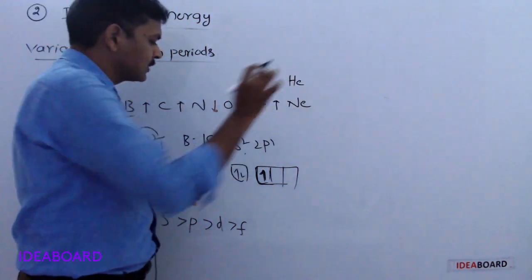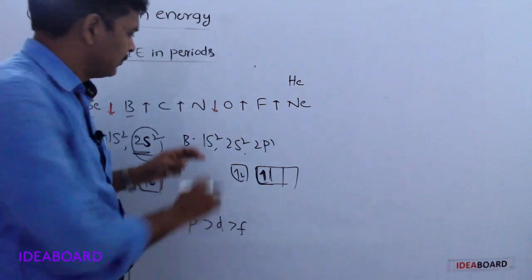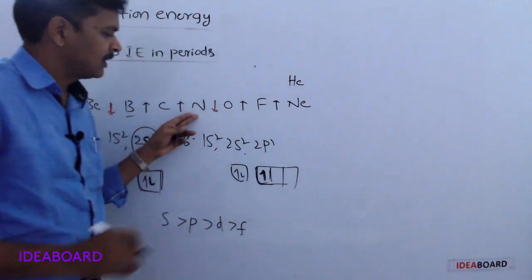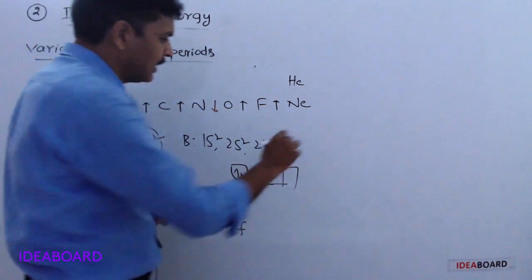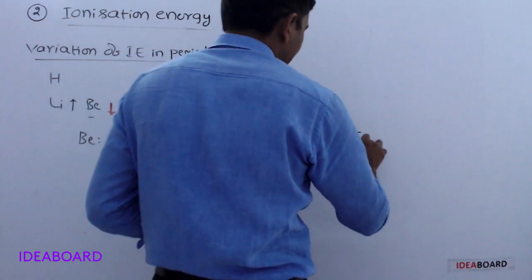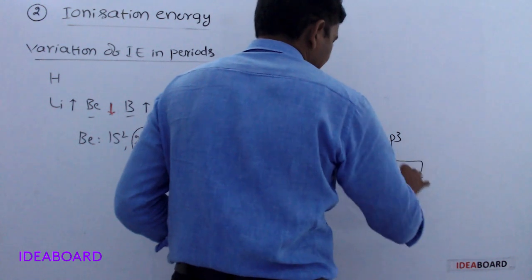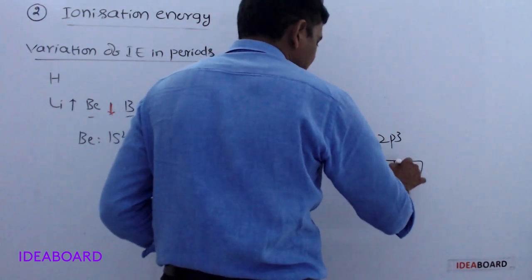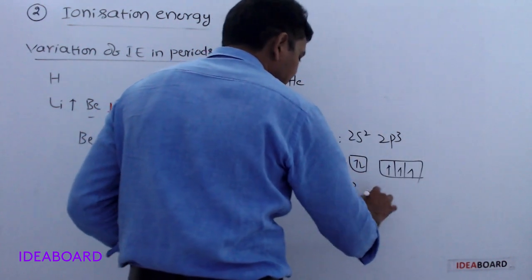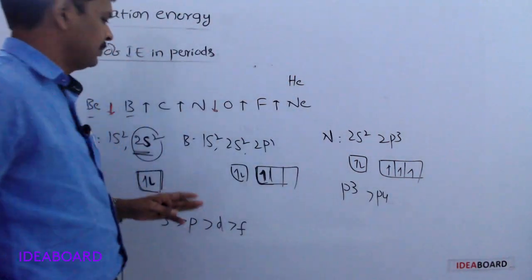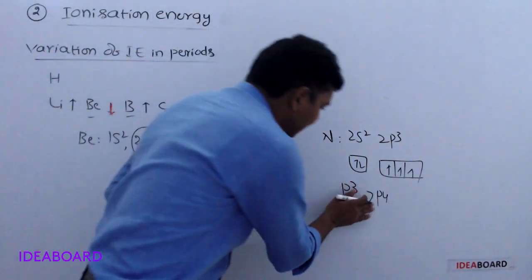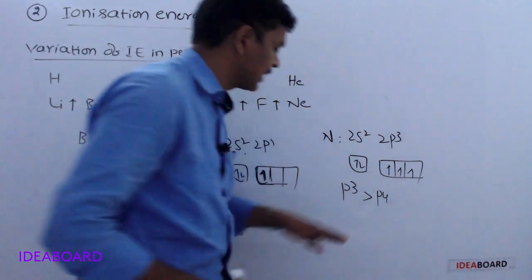Next, nitrogen to oxygen also decreases, because for nitrogen the valence orbital electronic configuration is 2s2 2p3. We know that p3 is more stable than p4. p3 means the p subshell is half filled, a stable configuration.